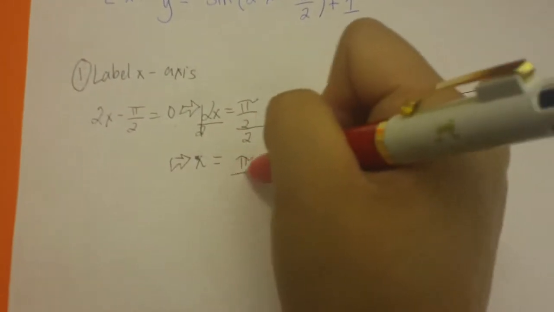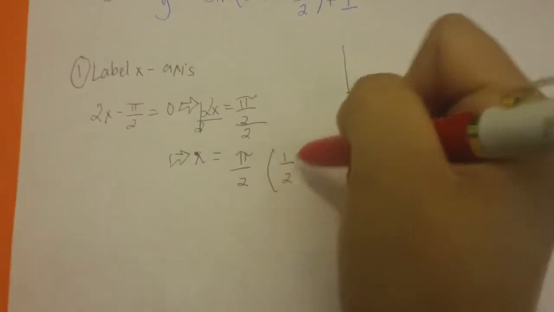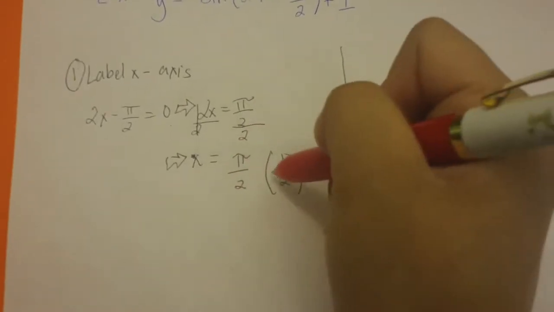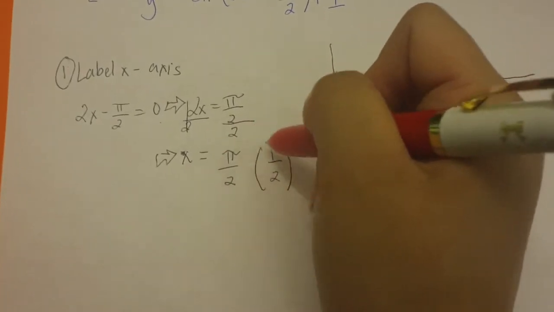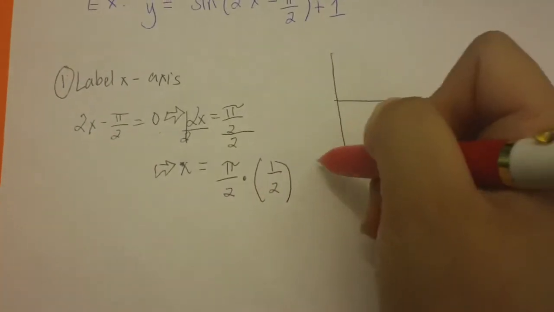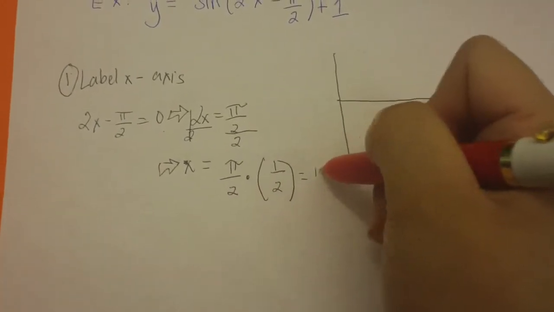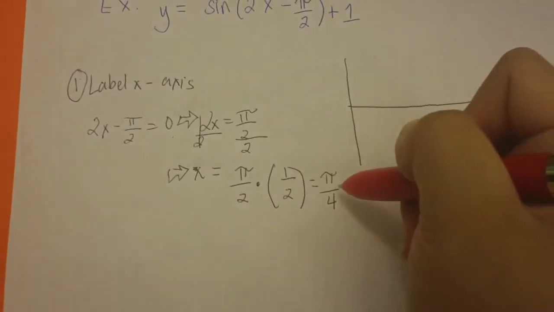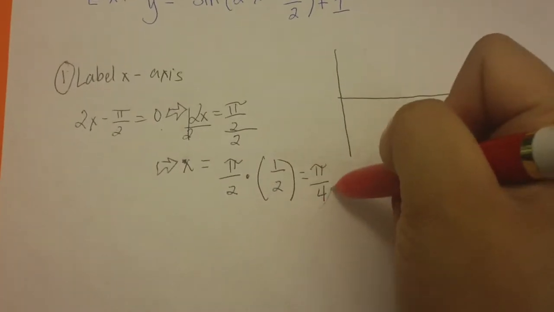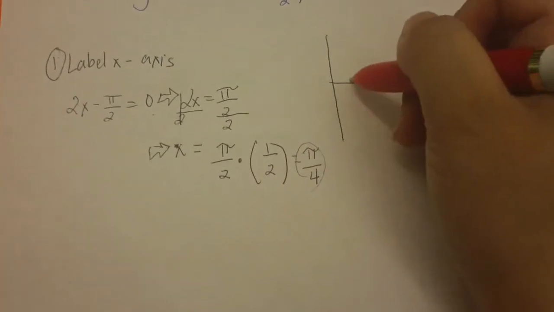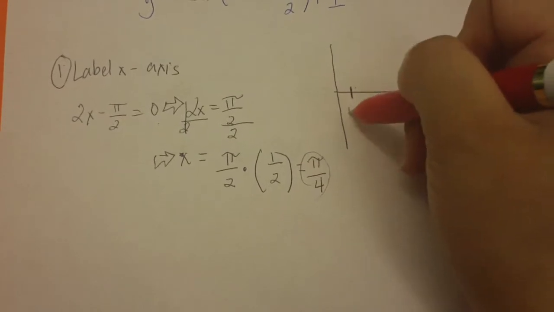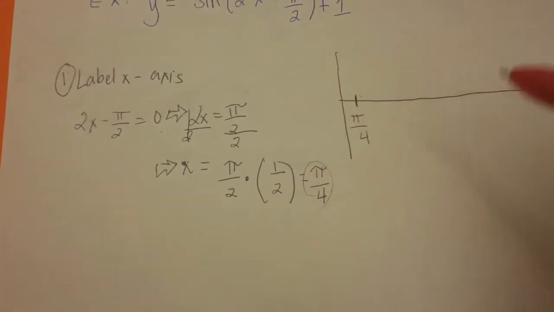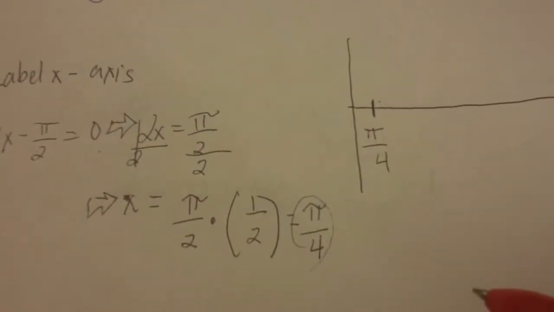Then this becomes pi over 2 times 1/2. Remember, we're dividing, we flip and multiply. The reciprocal of 2 is 1/2, and then we multiply. So that is pi over 4. And x equals pi over 4, that's our starting point. So let's mark pi over 4. Okay? There's our starting point.